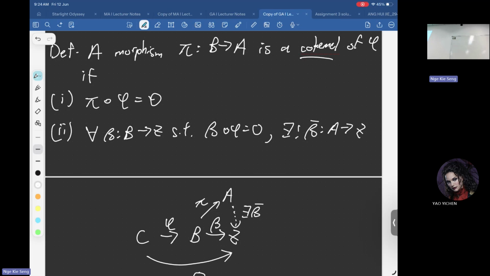So this can be explained like this. How to make sense of this commutative diagram? How do you remember this arrow, whether it goes up or down? How to make sense of it?